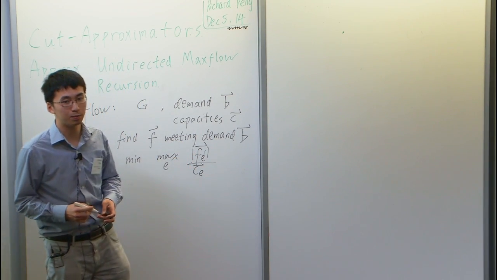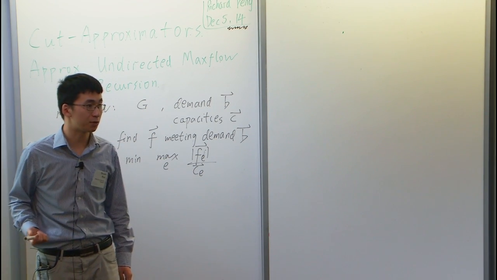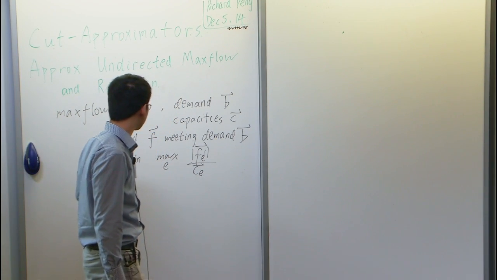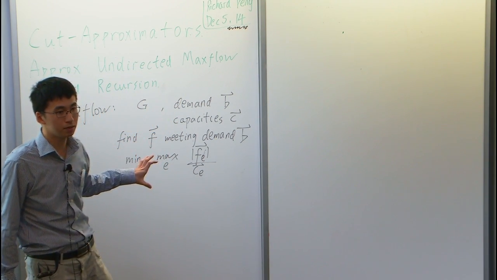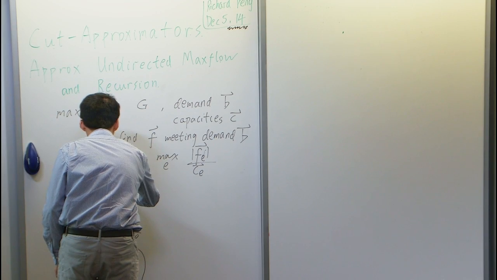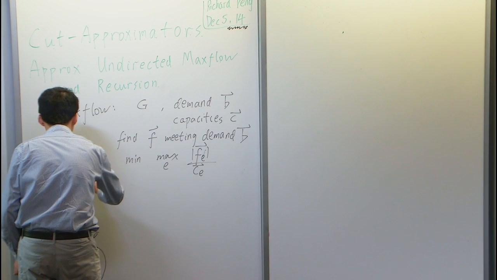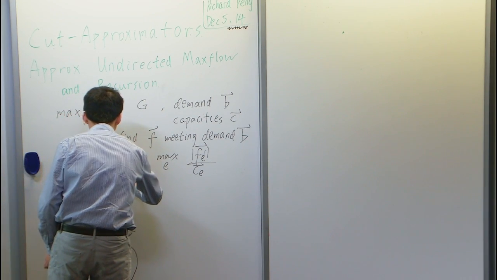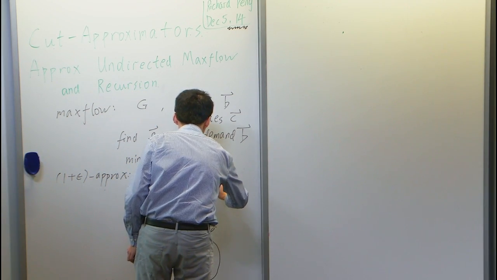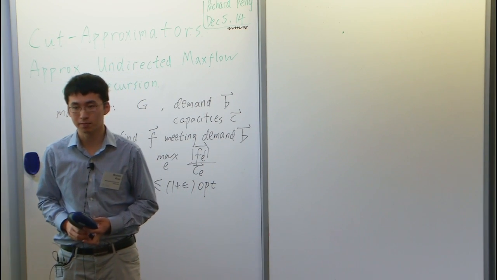The directed version is also well studied. Aaron and Tat described the latest progress on this in their talk yesterday afternoon. I will describe the 1 plus epsilon approximate version, where I want the congestion to be less than or equal to 1 plus epsilon times opt, where opt is the minimum congestion necessary to route a flow.